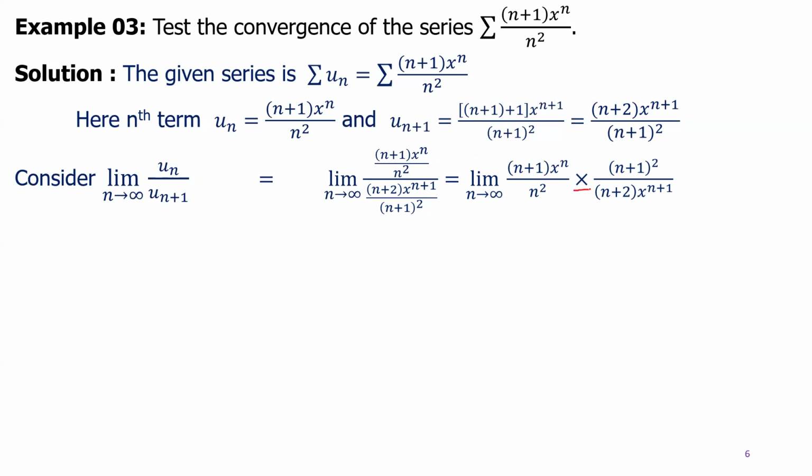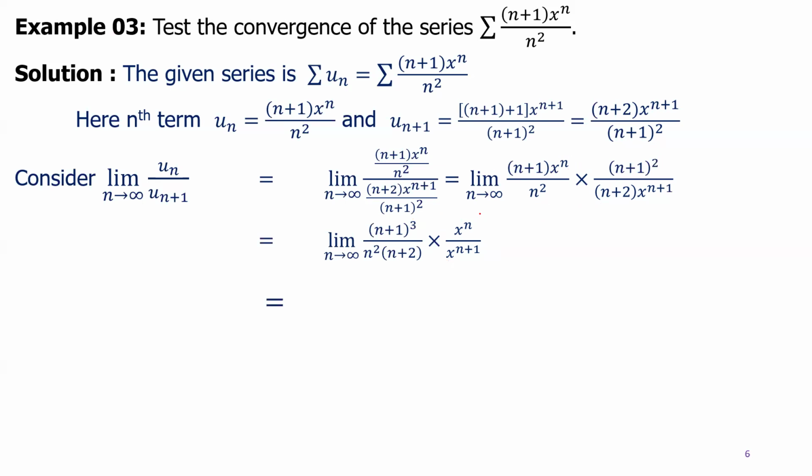Now we will try to simplify it. n plus 1 multiplied by (n plus 1) whole square becomes (n plus 1) whole cube. Similarly, n square multiplied by n plus 2, and here x to the power n upon x to the power n plus 1.